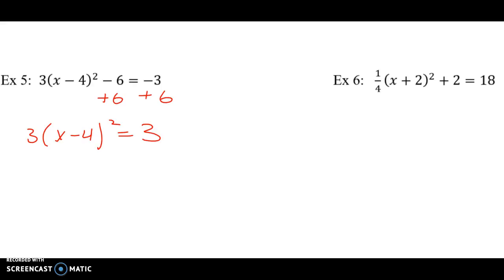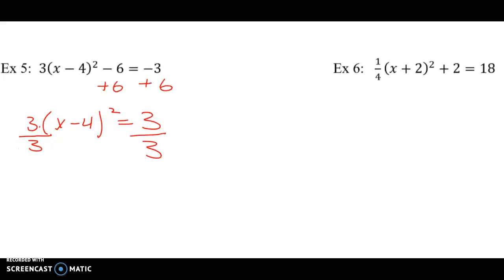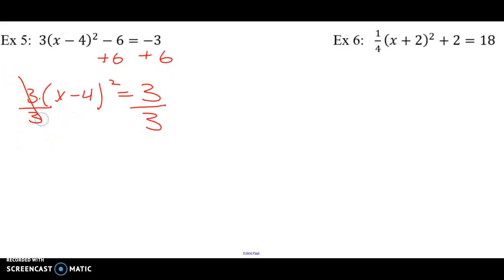We need to get everything away from the parentheses. Divide by 3. So now, instead of distributing the 3 through, which you can't do anyway because it's parentheses squared, we're going to get rid of it. How do you undo multiplication? Divide. So we're just going to divide the 3 away. So that cancels. We get x minus 4 squared equals 1.